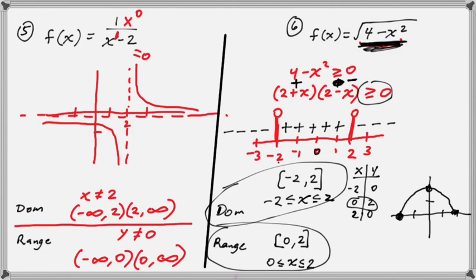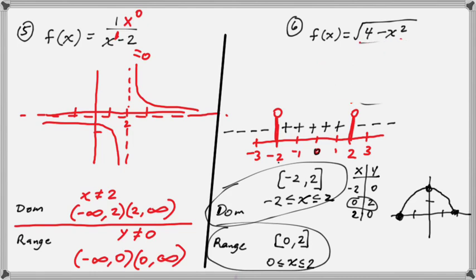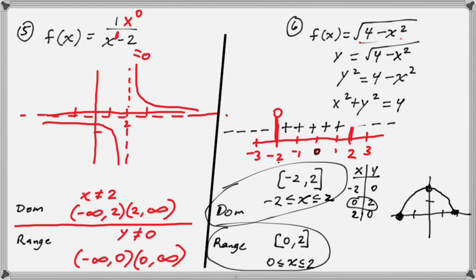Now, I'm just going to show you, isn't this y equals the square root of this? Can you square both sides? What happens if you add x squared? If you add x squared, you'd have x squared plus y squared equals 4.